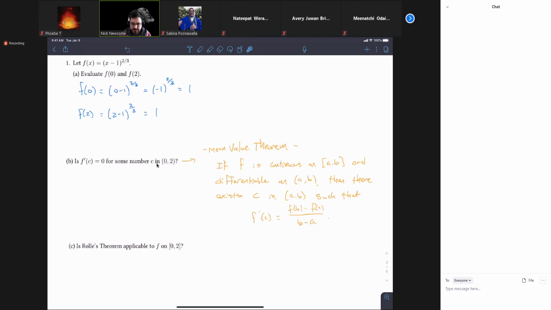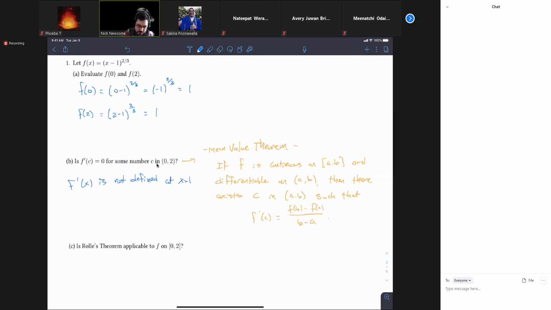All right, is it differentiable on the interval 0 to 2? Okay, there we're going to have an issue. If we take the derivative, we're going to find out that it's not defined at x equals 1.